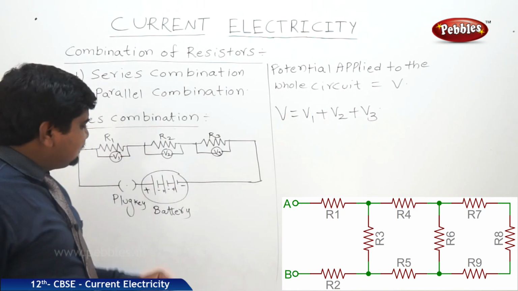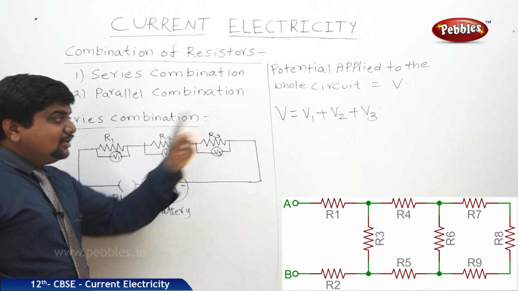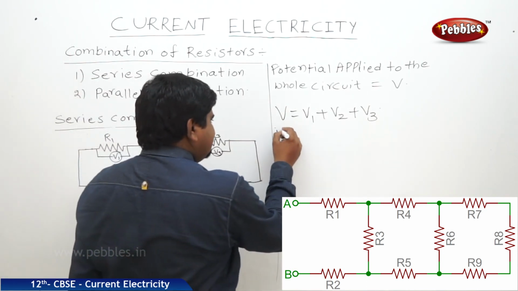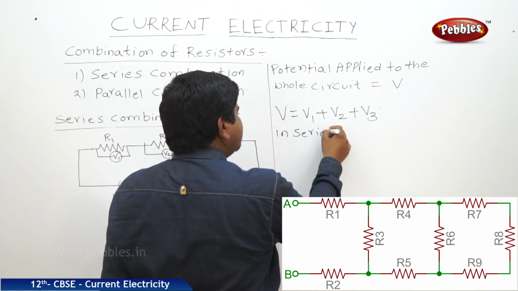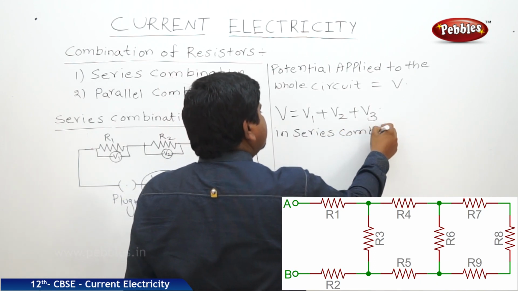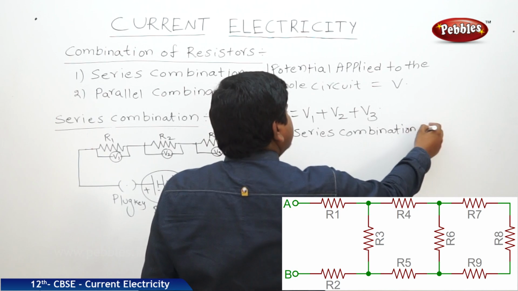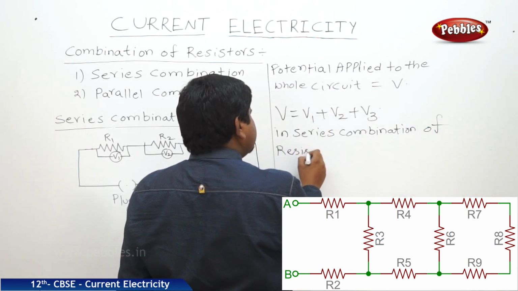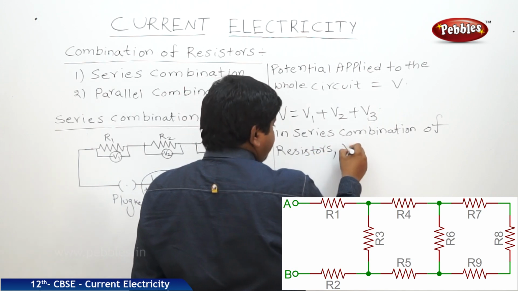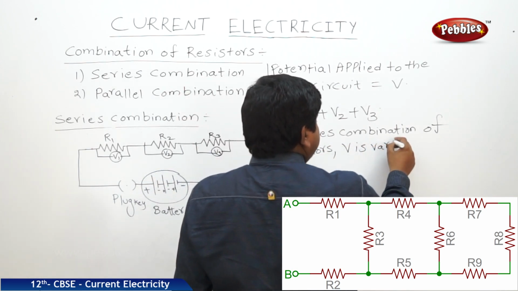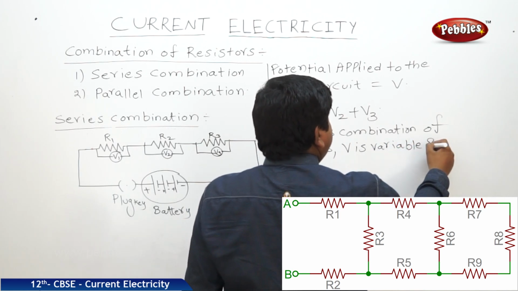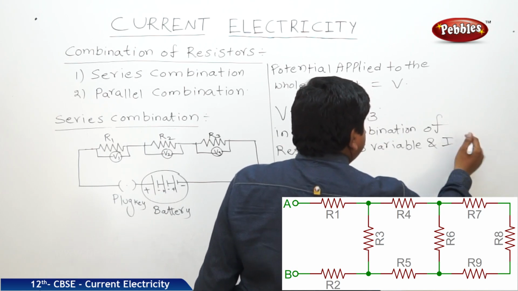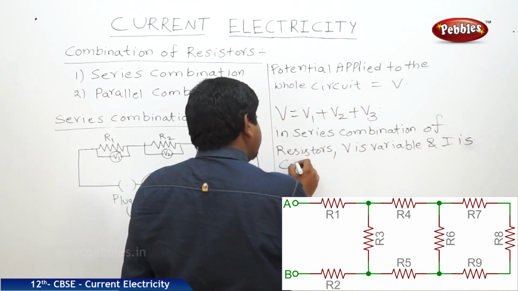One thing we should know: in series combination of resistors, V is variable but I is constant.